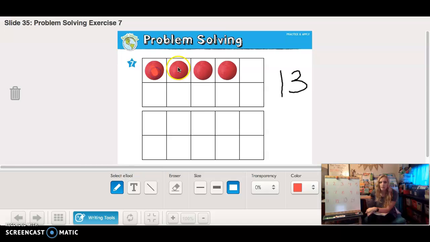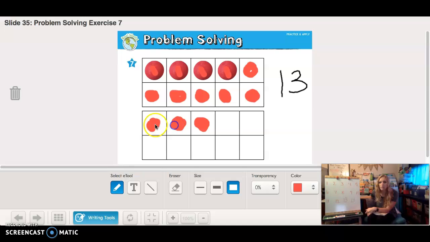We've got 1, 2, 3, 4. Well, that's not 13, so we've got to keep going. 5, 6, 7, 8, 9, 10, 11, 12, 13. There we go.